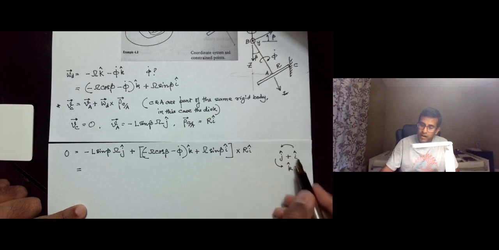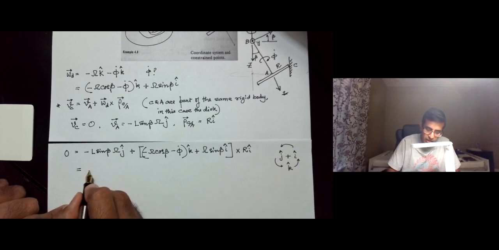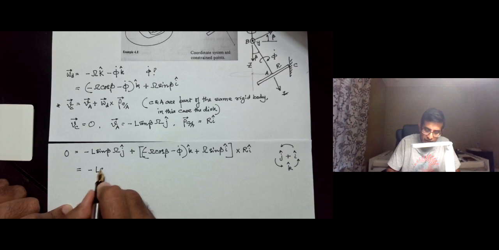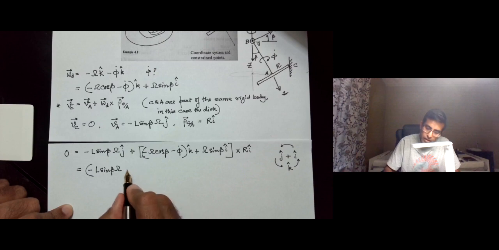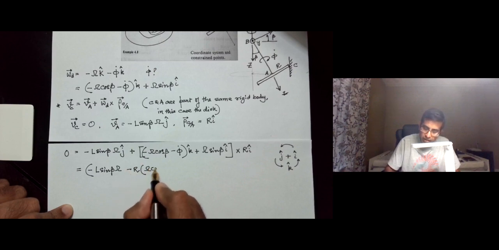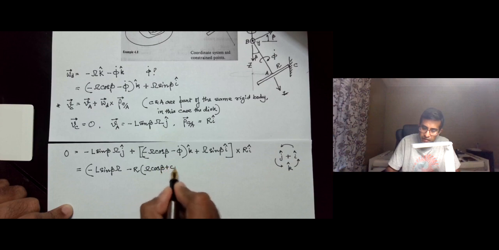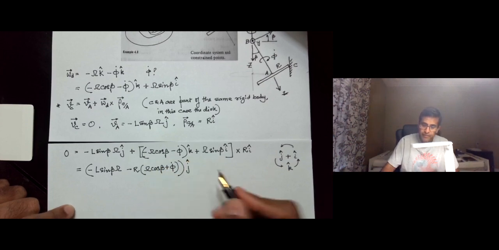So k cross i is going to give us positive j. So therefore we have negative L sine beta capital Omega minus r times omega cosine beta plus phi dot j.